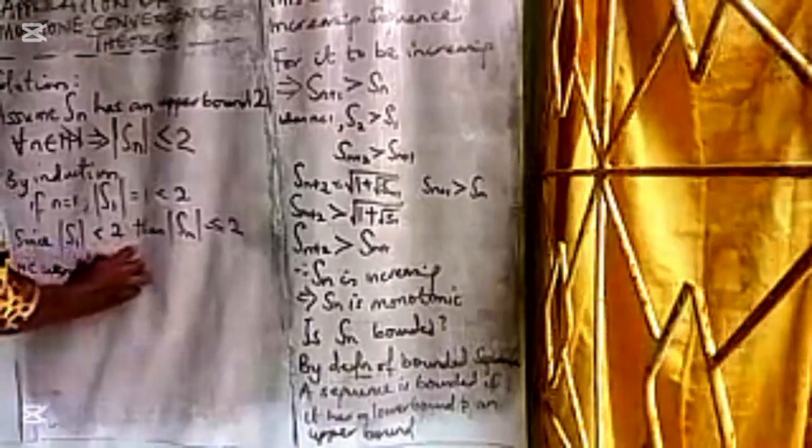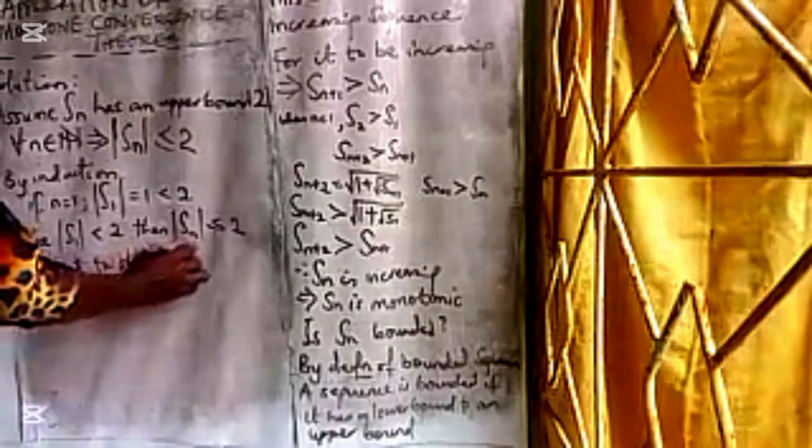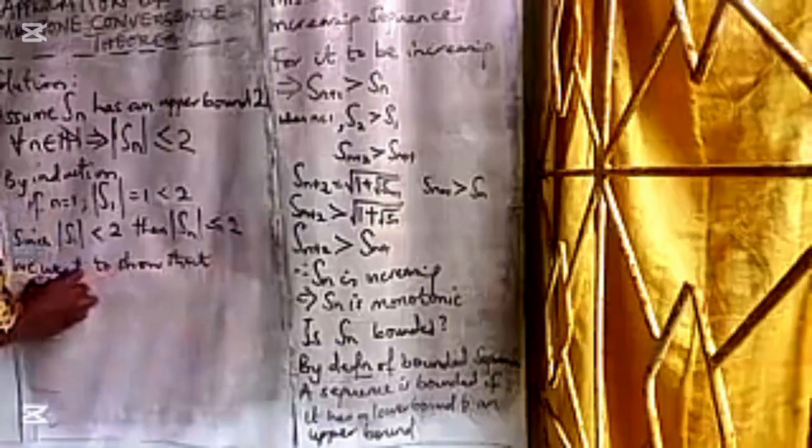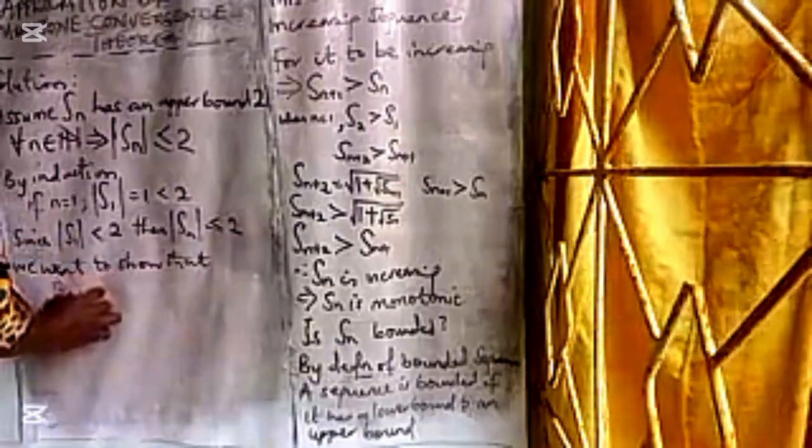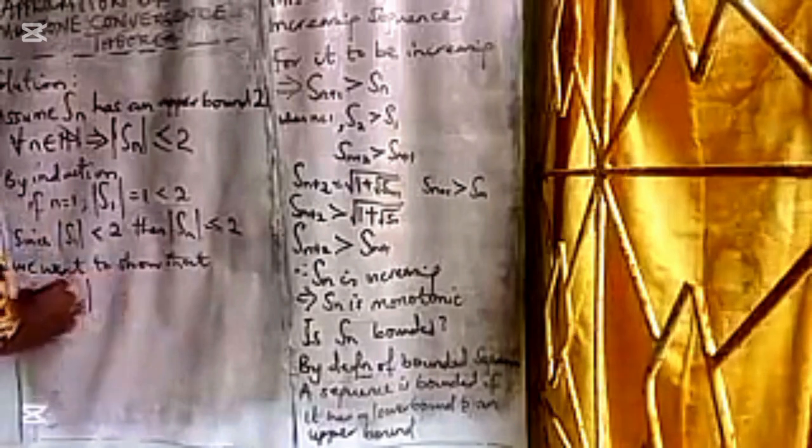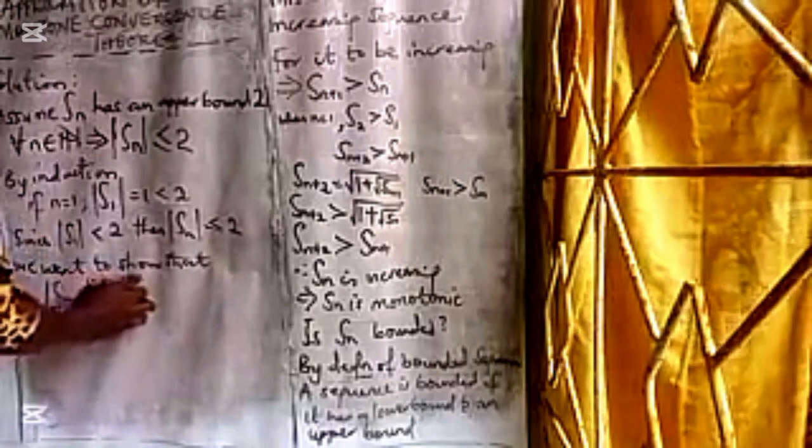Therefore, Sn is less than or equal to 2. Is this true? We want to show that Sn plus 1 will also be less than or equal to 2.